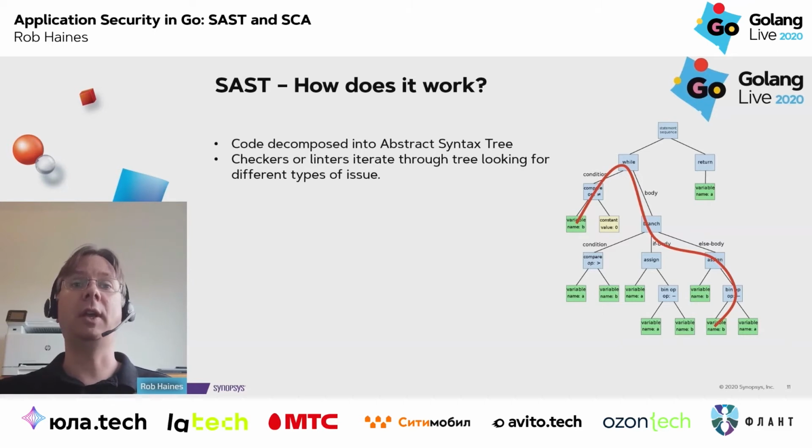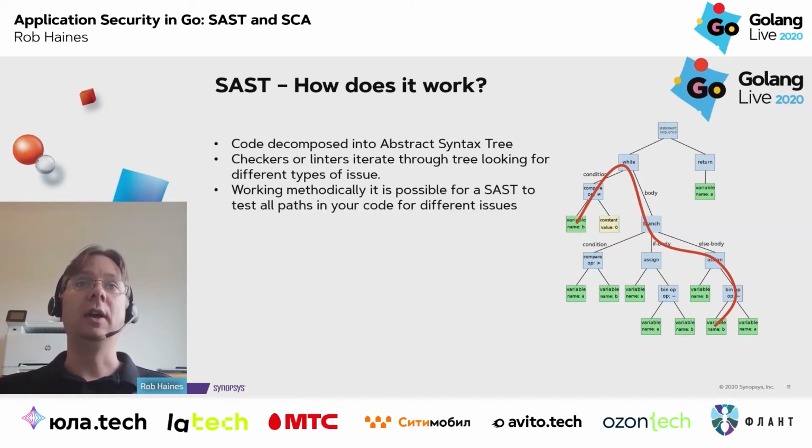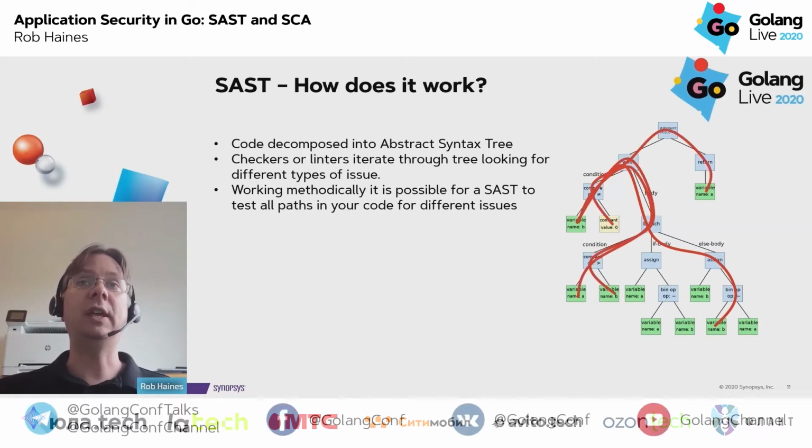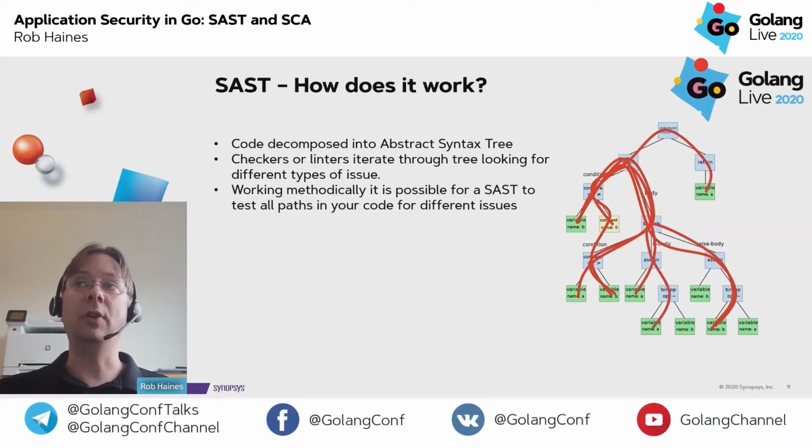Now, because we're working methodically through this AST, it allows us to test effectively every single path in the code for whatever your linter or checker is looking for. So you can see here that as we go through, there's lots of different paths, and effectively, this allows you to test all of the code.